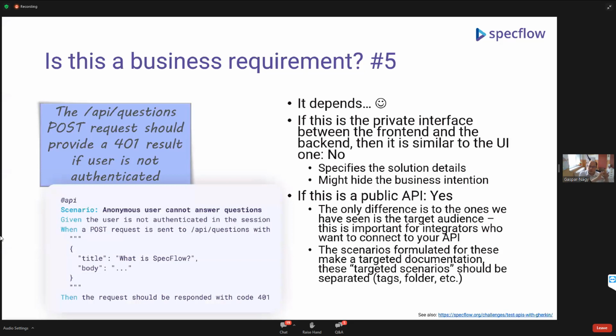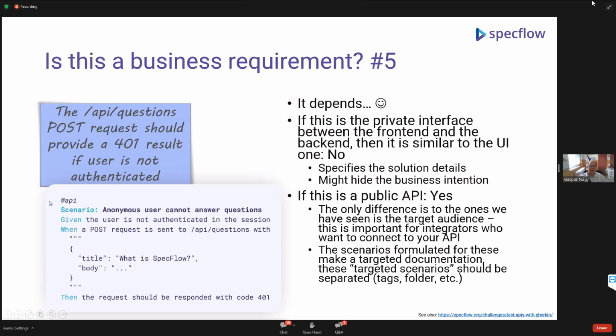It's targeting one particular user group, where the user group is also developers, external developers who would like to integrate with our system. So for them, this scenario is absolutely readable, and this is their business language, and therefore that can be valid. In that case, probably it would make sense to highlight that this is targeting a special user group.